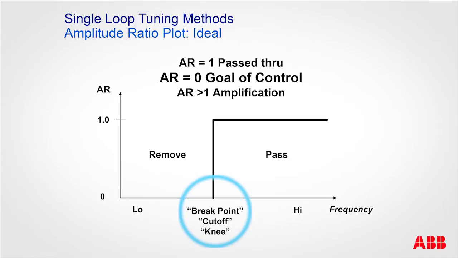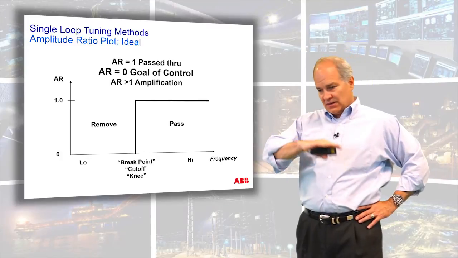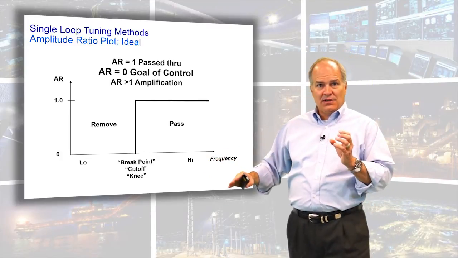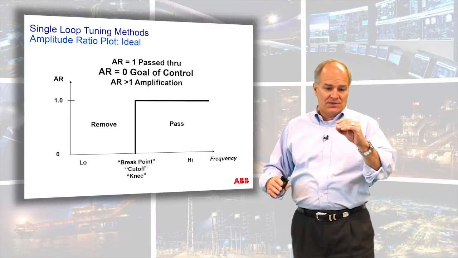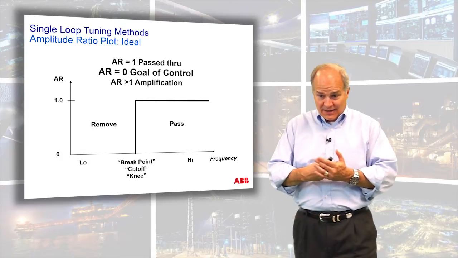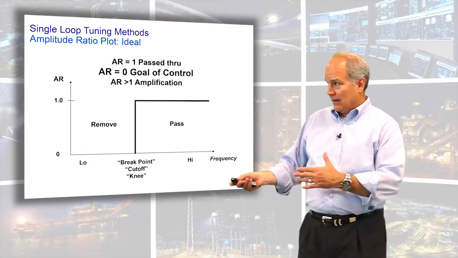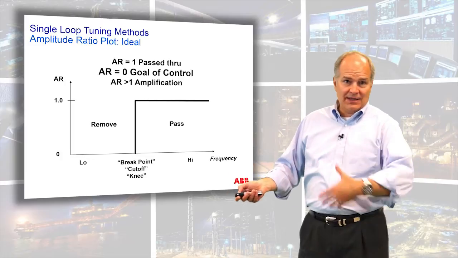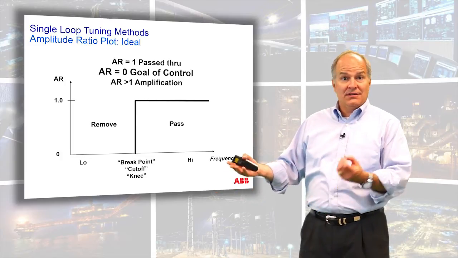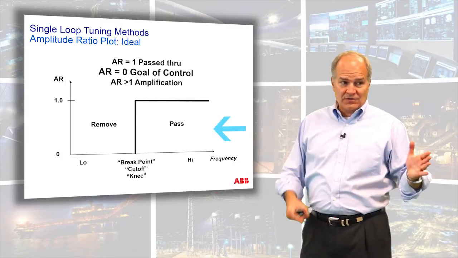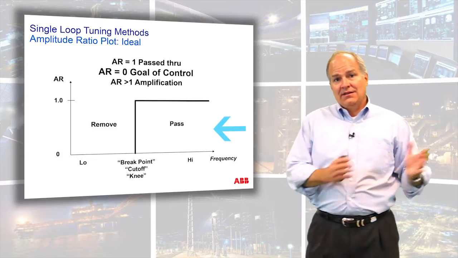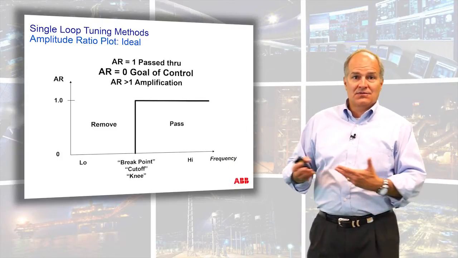So if the frequency is very slow as compared to how we're tuning it, the attenuation of that loop is nearly 0. That means it gets 100% removed. So you can see if it went in at 10, it came out at 0. So the ratio is 0. Over here, if the frequency is very, very fast, if it comes in at 10, it's going to go out at 10. It has a ratio of 1.